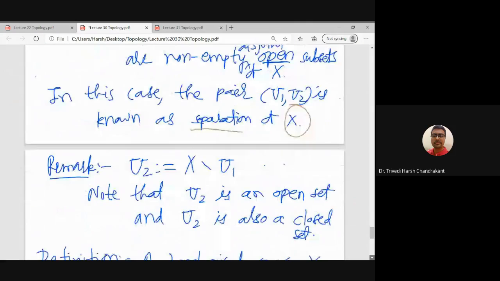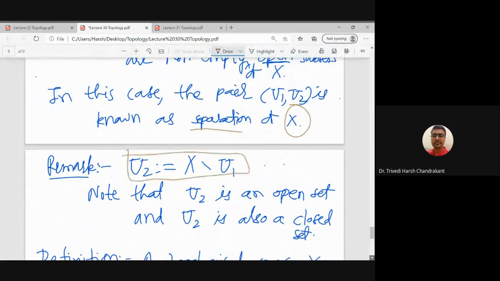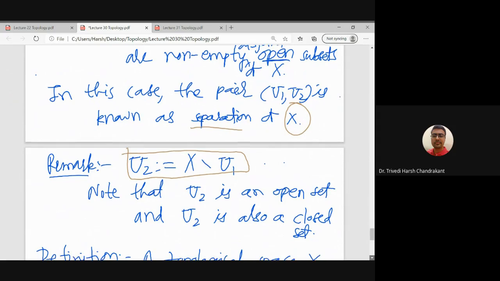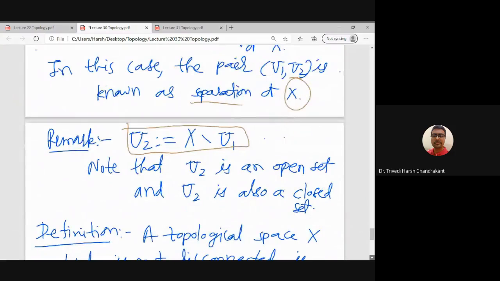Suppose such U1, U2 exist. Then, because U1 and U2 are disjoint sets and their union is X, U2 is the complement of U1, and U1 is open. Therefore U2 is closed, because it is the complement of an open set. And by the property of separation, since U1, U2 is a separation, U2 is open by the condition.